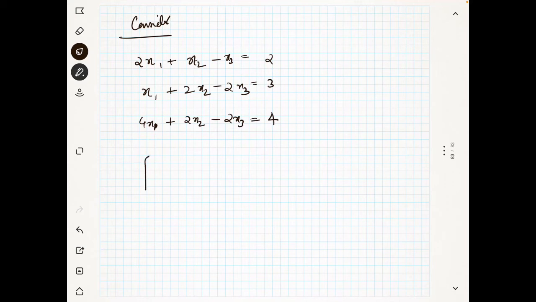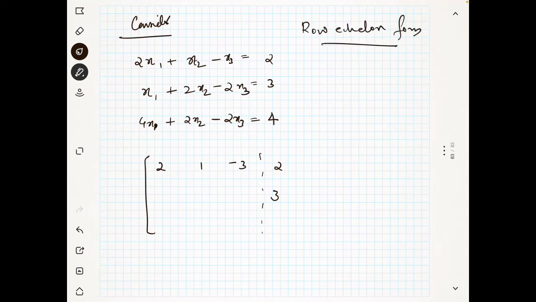Now I can write this system as 2, 1 and minus 1, and in the Gaussian elimination method I will be using a form that we call the row reduced form or row echelon form. So I am going to write it in row echelon form by row reduction techniques, which we have already discussed, how to convert the lower part elements into 0.